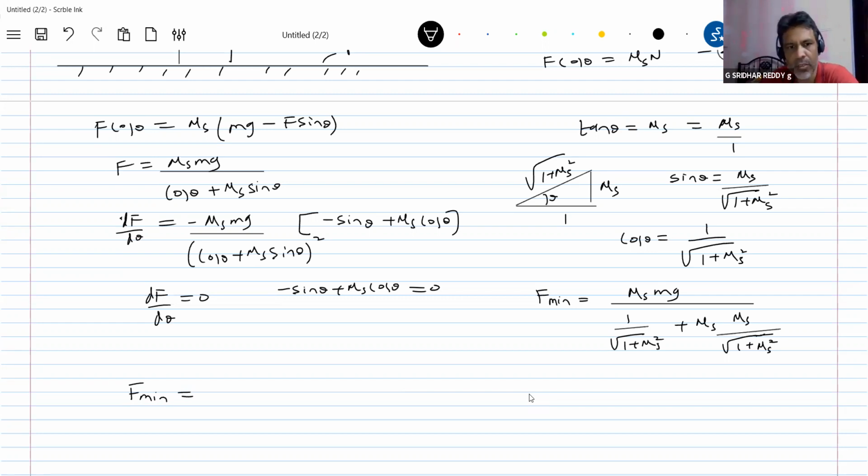So what is F minimum now? The total F minimum is equal to mu s mg by root of 1 plus mu s square. So this will be your answer.